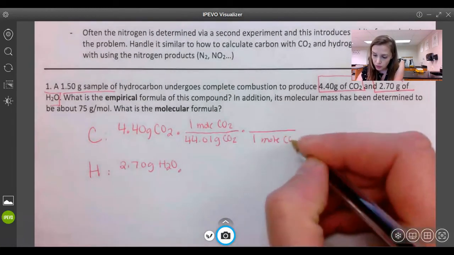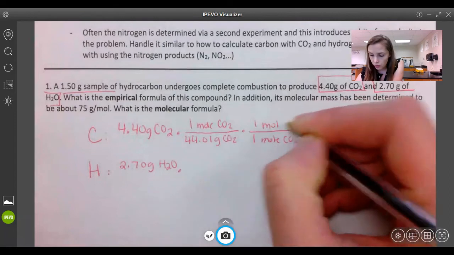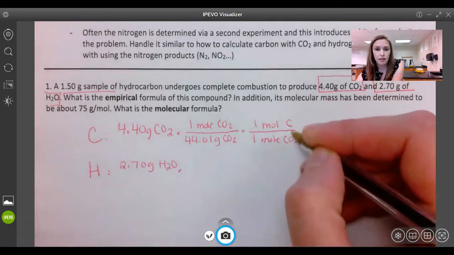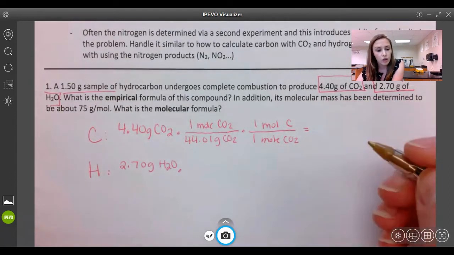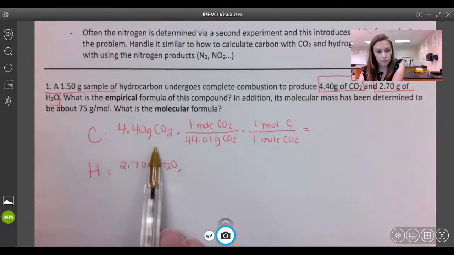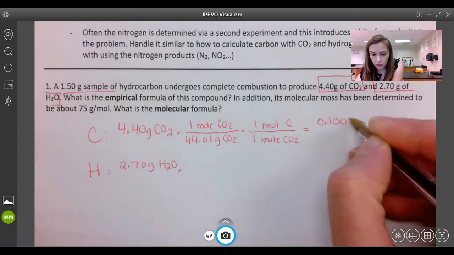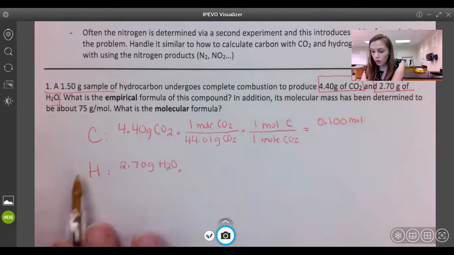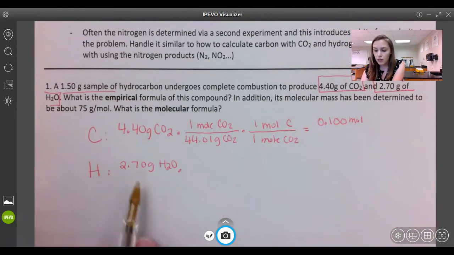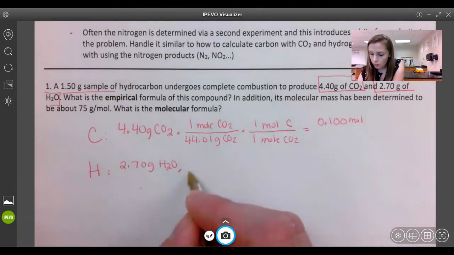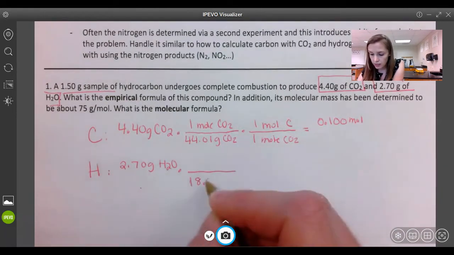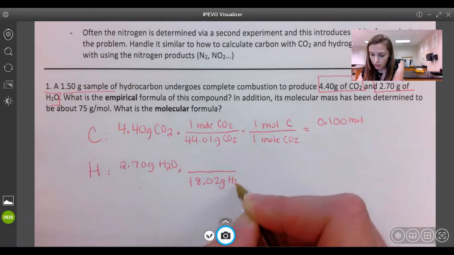So 1 mole of CO2 produces 1 mole of carbon, and that's just based on that formula. When you plug this in and keep it to your 3 sig figs, you should get 0.100 mole of carbon. Okay, then we can deal with hydrogen. Water, probably at this point you know, is 18.02 for its molar mass of H2O.